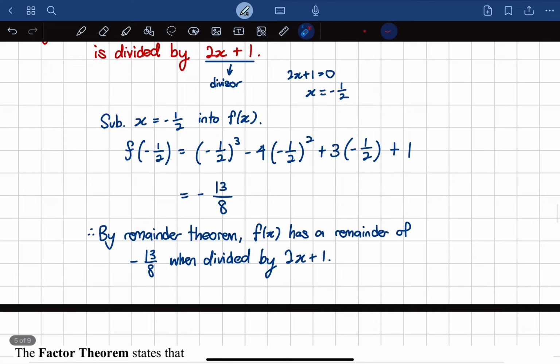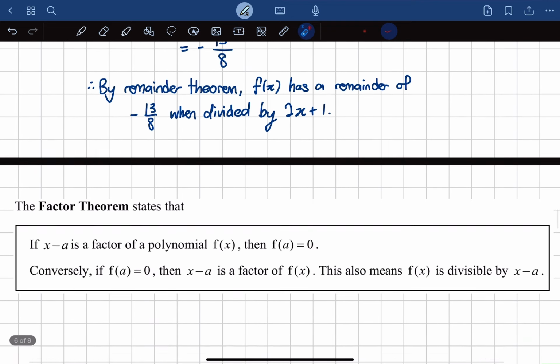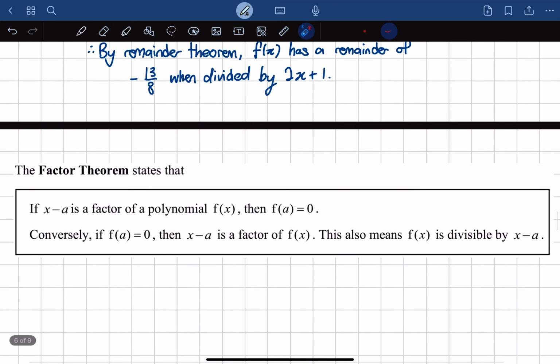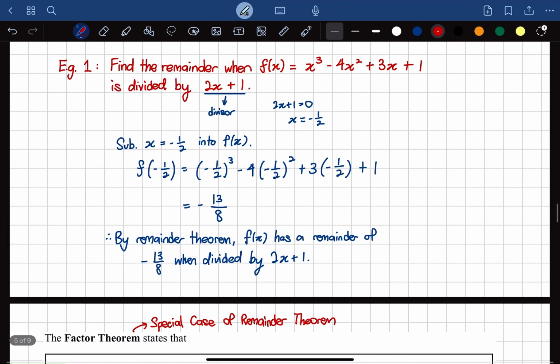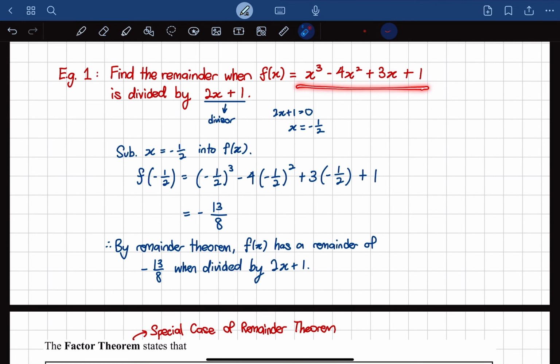Let's move on to the next one, the factor theorem. How do we use and apply the factor theorem? Let's read the factor theorem first. One very important thing is that it's actually just a special case of the remainder theorem. The factor theorem applies when I sub a value of x into f(x), and somehow my remainder becomes 0.